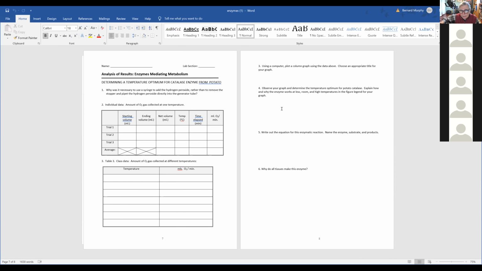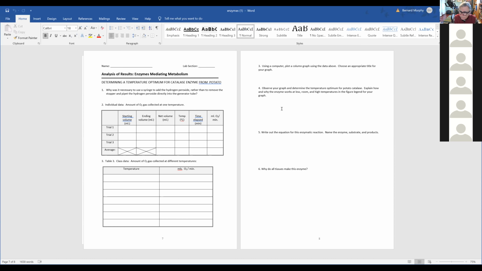Then remember, on the high side, the higher temperature is breaking hydrogen bonds and breaking down the secondary and tertiary structure. In other words, changing the shape of the active site. And therefore, substrate doesn't fit as well. You make less product, less oxygen.